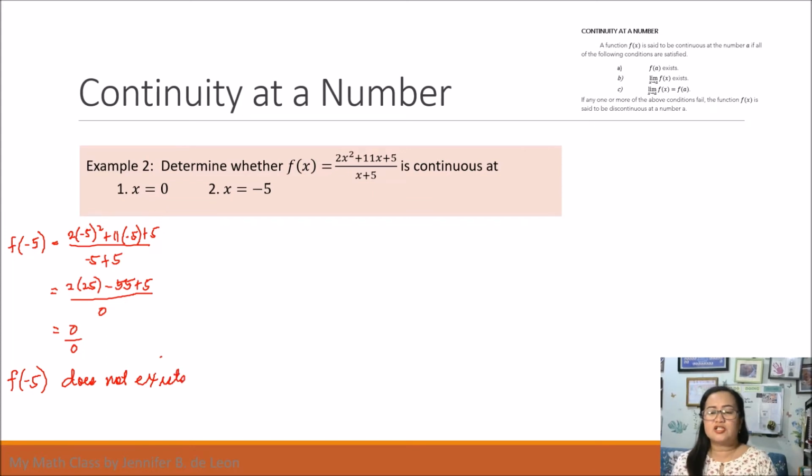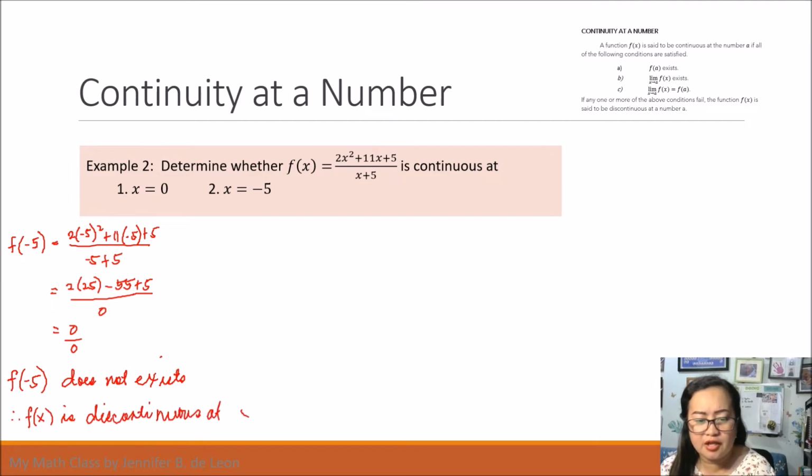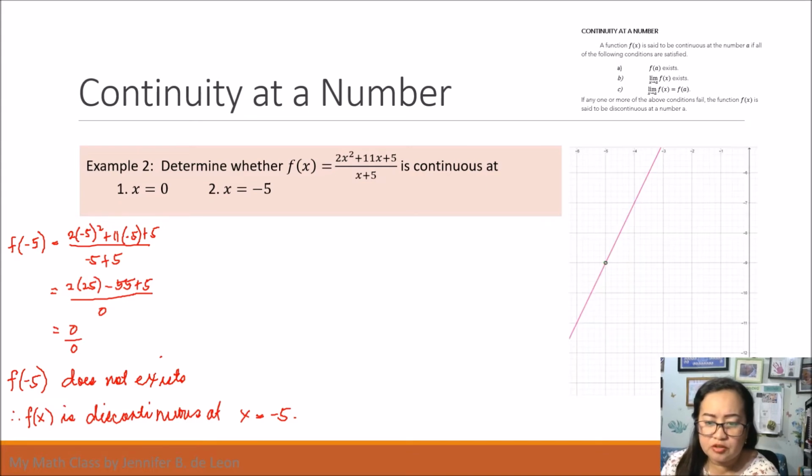Now, since it does not satisfy the first condition, we can already conclude that f of x is discontinuous at x equal to -5. In other words, we can also say that f of x is not continuous at x equals -5. Now let's support our answer using a graph. Graphically we can show 2x squared plus 11x plus 5 all over x plus 5 using this line.